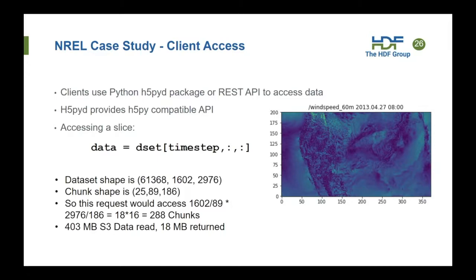It's reading 403 megabytes of S3 data, and only 18 megabytes is returned, right? So this is really handy, say if I'm outside of AWS or outside that region, because I only need to read 18 megabytes. But the traffic between this S3 storage system and HSDS is 400 megabytes.